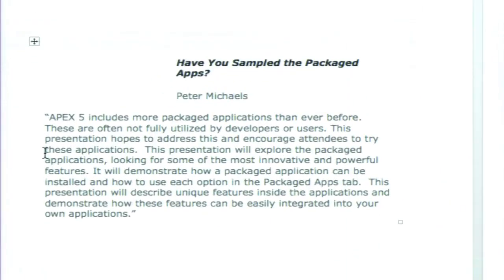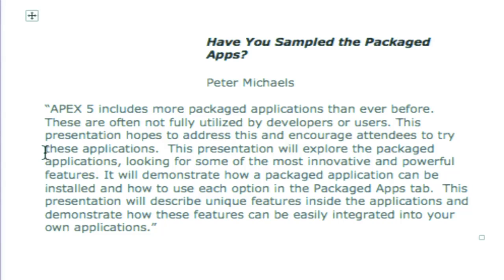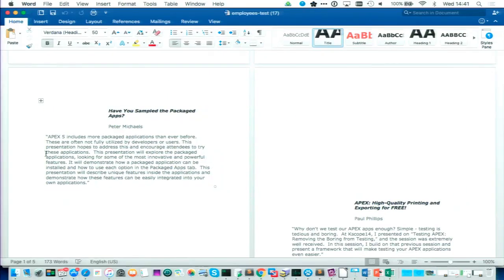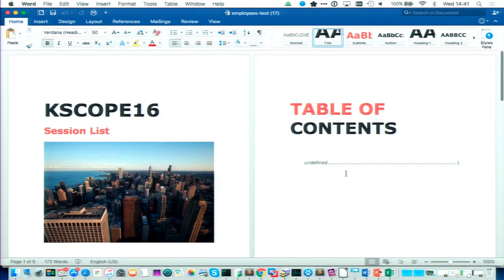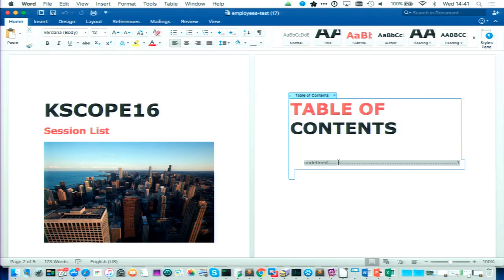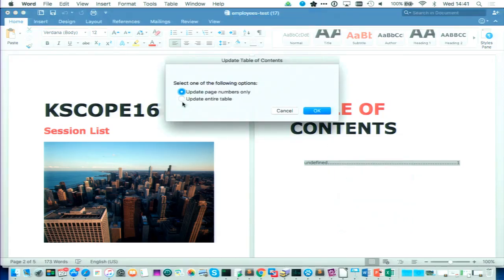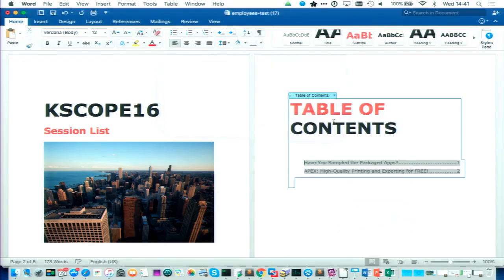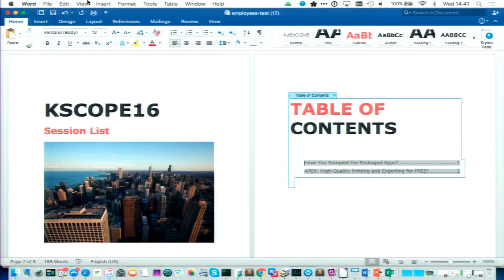So this time we actually get the abstract name, the presenter name, and the abstract coming from the database now. Pretty cool? What I could have done is actually put a macro into my template to say auto update the table of contents, which is also driven by data. Which is another nice little cool feature.